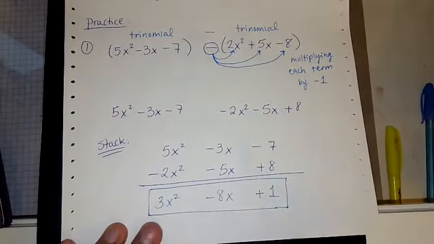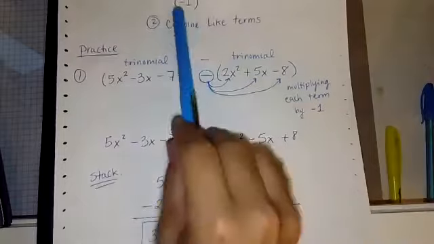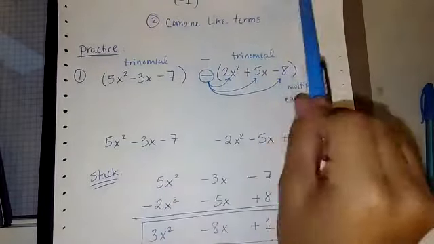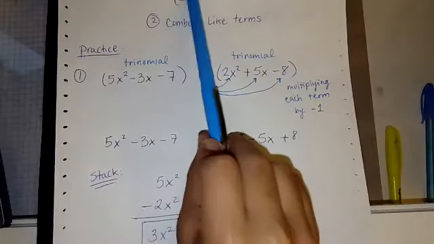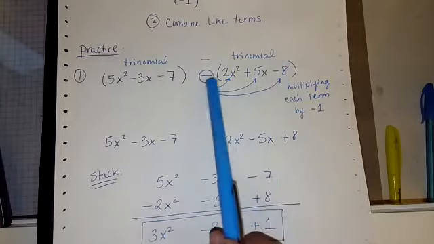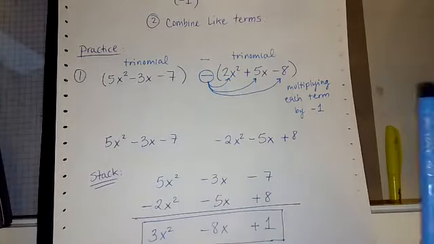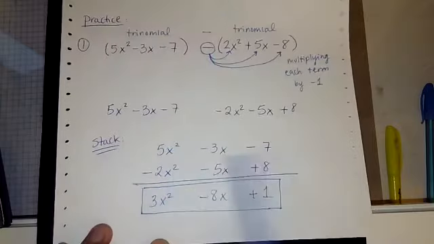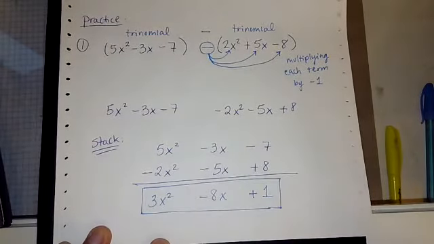Again, just to recap, the only difference for subtracting polynomials is that you're going to distribute that negative sign. You're going to distribute it like it's a -1. Multiply it by each of the terms in the parentheses that follows the negative sign. Then you can write down all of your terms, you can stack them, and then just combine like terms.